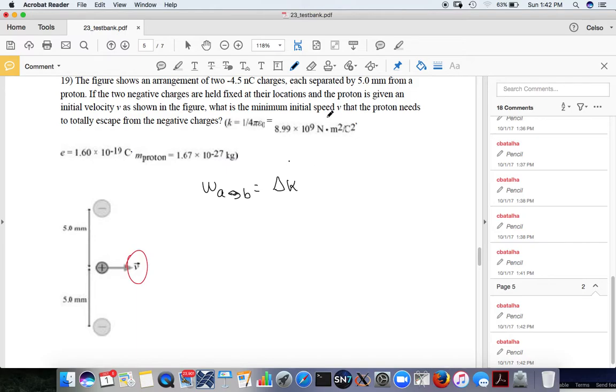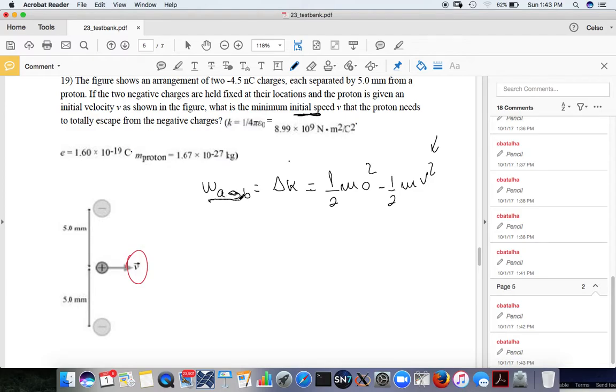And so the minimum speed is the one such that the final speed is 0. If you give a speed bigger than that one, the final speed, once it's away from the field, is going to be more than 0. So 0 is the minimum possible, and that is minus the initial velocity. And we want to find v basically.